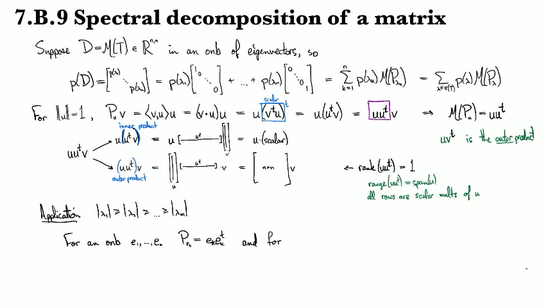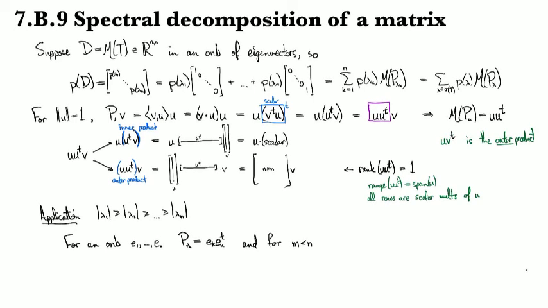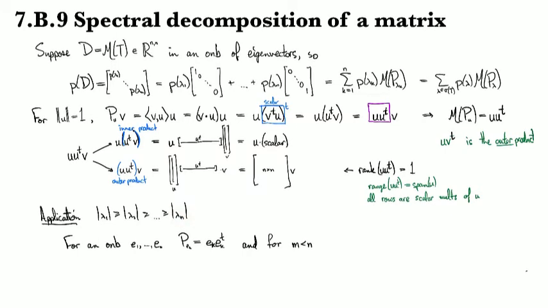And if we have, say, m strictly less than n, actually here, let me, yeah, there we go. Okay, so I just updated this guy right here, so it's n.